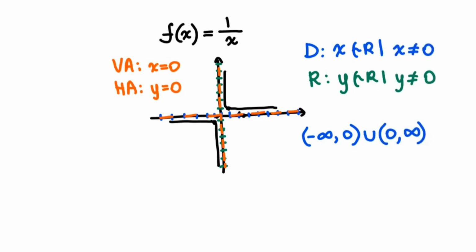And then for the range, again, my function will exist from negative infinity to 0, excluding 0 because that's an asymptote, in union with 0 to positive infinity, all the way to the top of the graph.